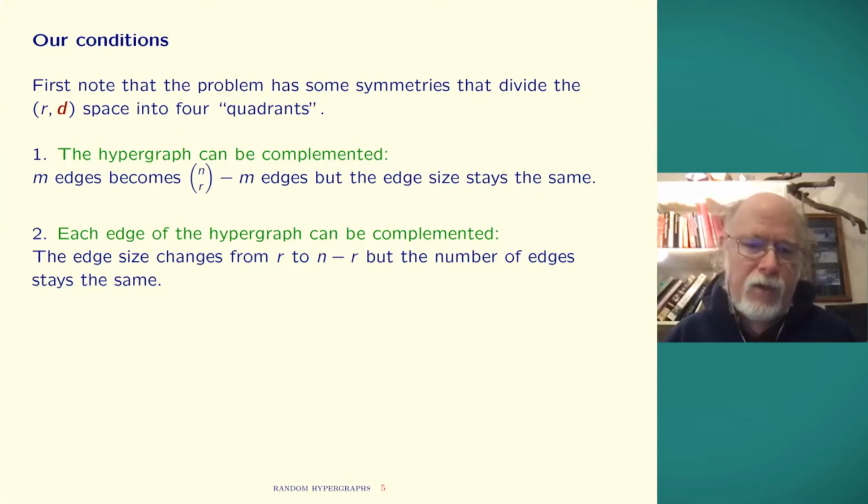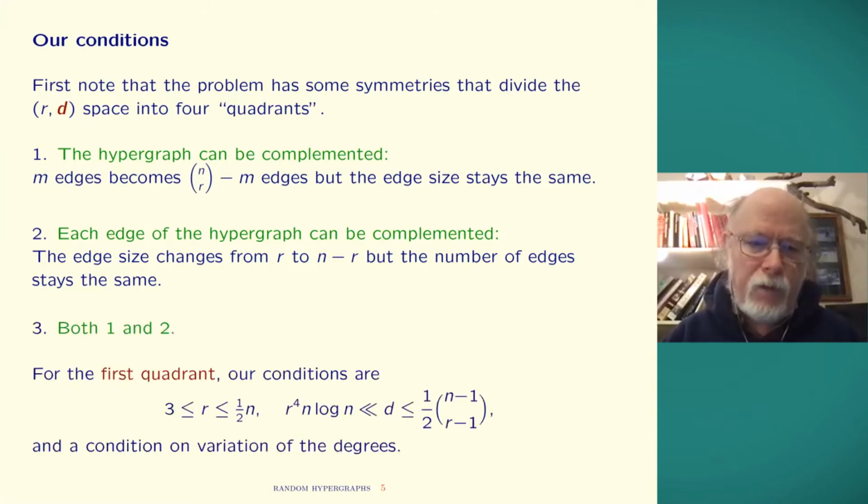So because of this one, you might as well assume that the edge size is less than or equal to half n. And those two assumptions together define what I call the first quadrant. Of course, you can do both of these things at once. So you get 4 ranges that are all equivalent to each other.